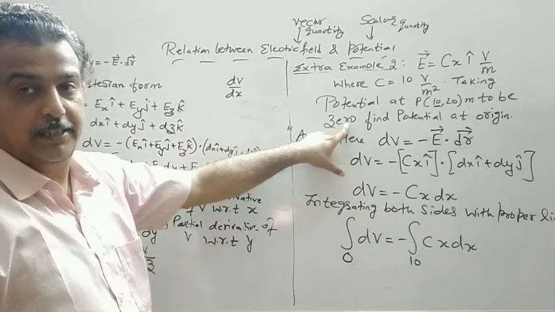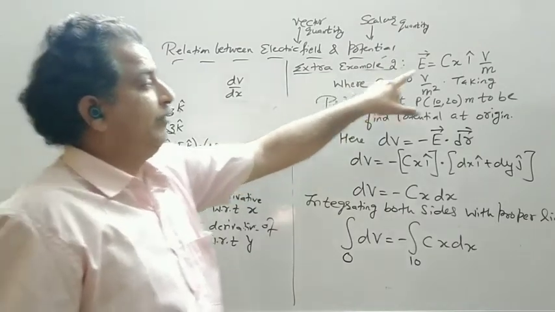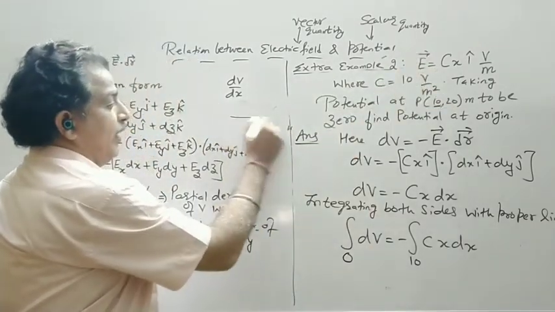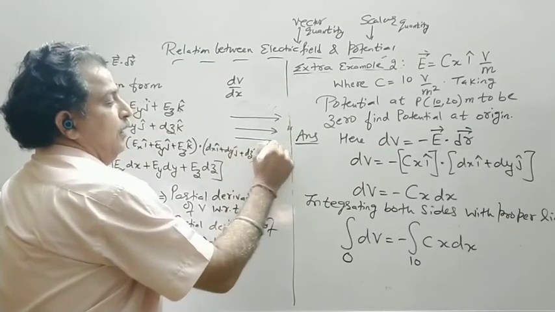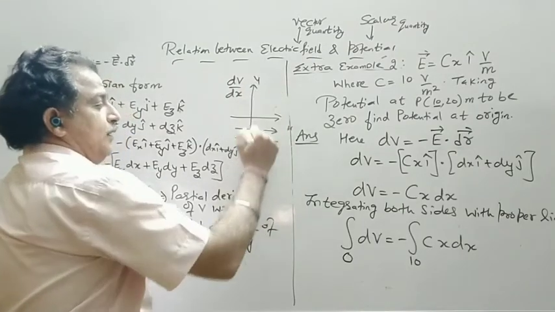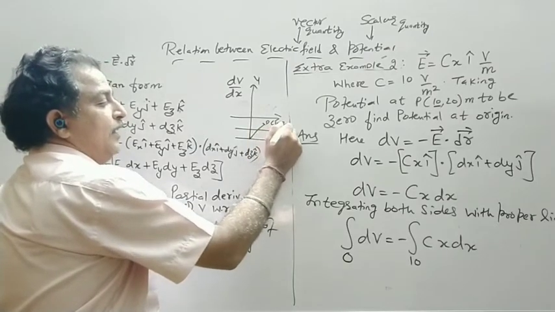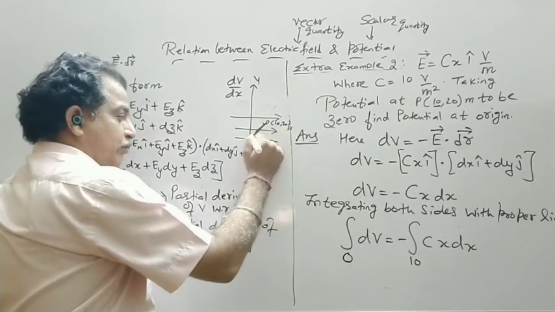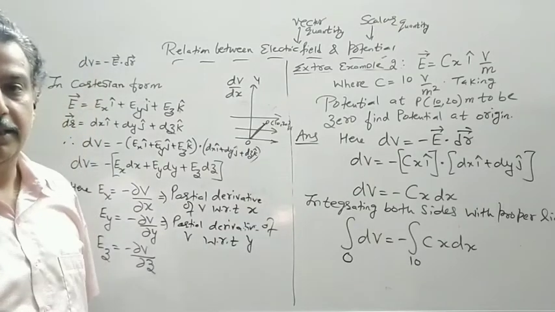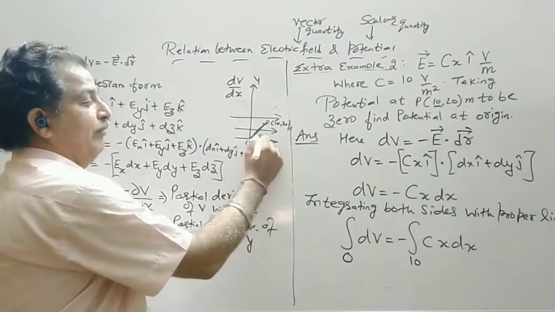It is given. So see, the field is along the x-axis, and this is our y-axis. This is a point, say 10, 20. You are moving like this from P to the origin, so it is making some angle with the field.